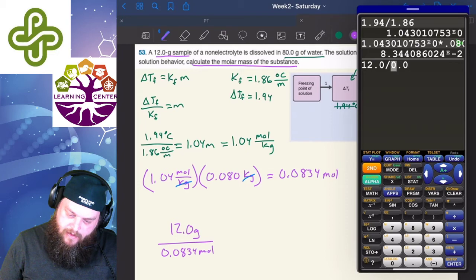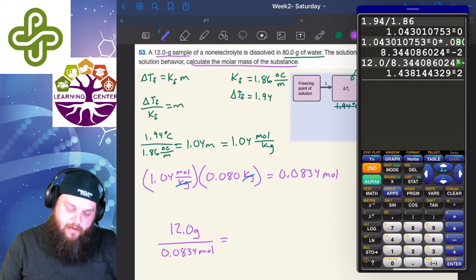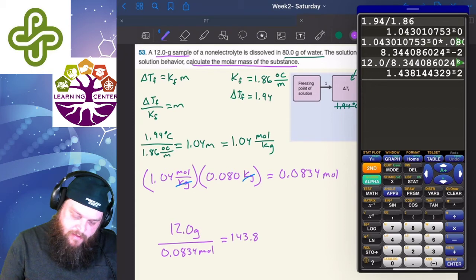I hate rounding errors, so I always grab the last number out of my calculator. This is equal to 143.8, and going to 3 sig figs, that's 144 grams per mole.